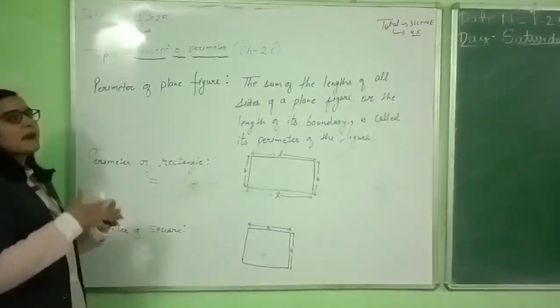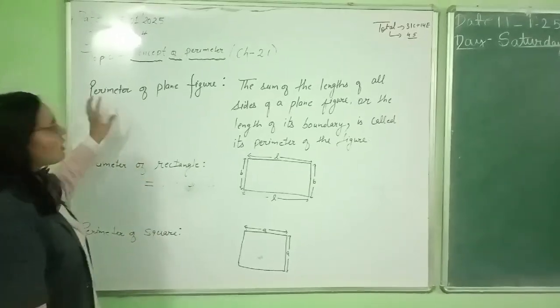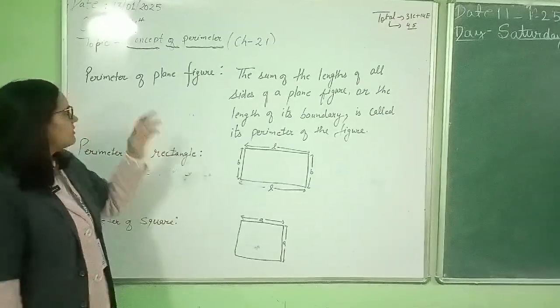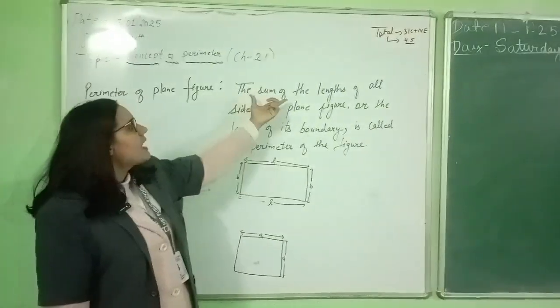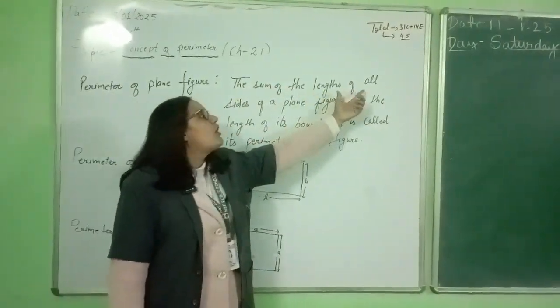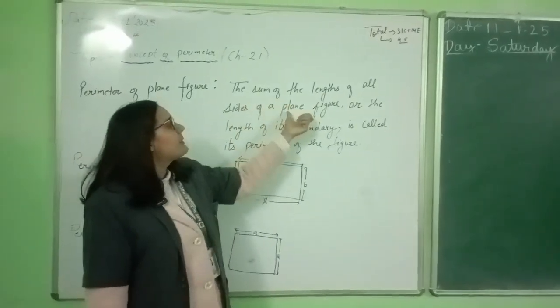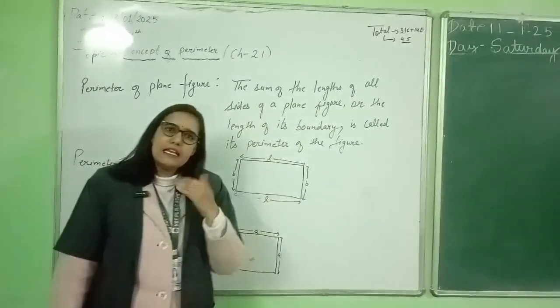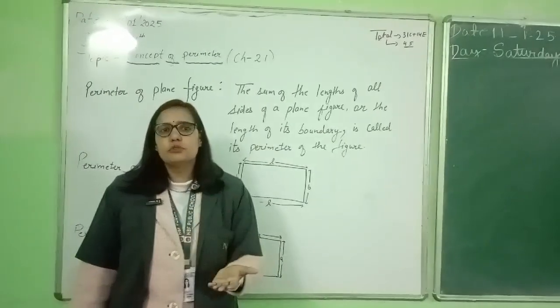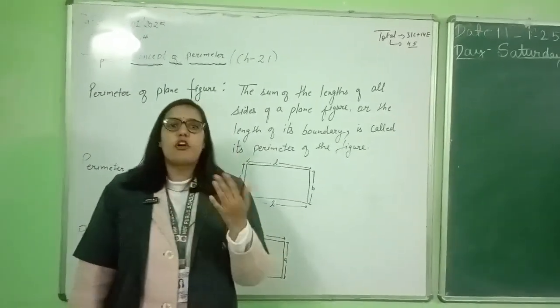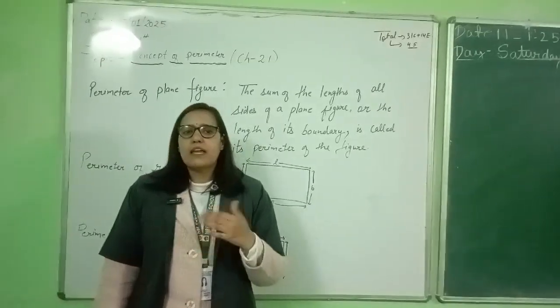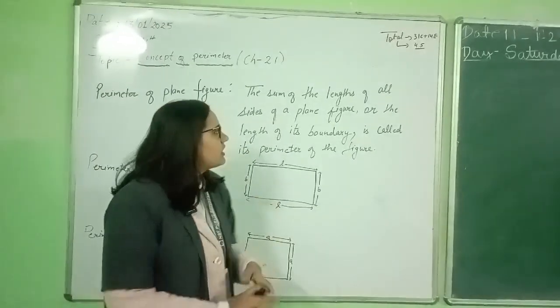So first, what is perimeter? Let's see the definition of perimeter. The perimeter of a plane figure is the sum of the lengths of all sides of the plane figure. If any plane figure is given to you, then the sum of the lengths of all the sides we call the perimeter of the given figure.